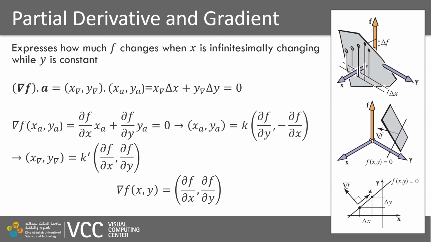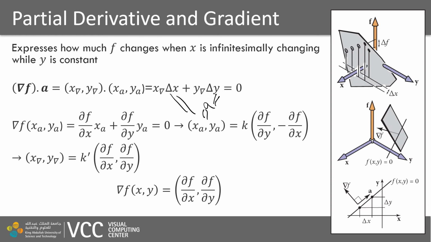Imagine we don't know that, but what we know is that we have a vector A with the coordinates xa and ya, which will also be called delta x and delta y as in the book, because this vector A is defined by the coordinates delta x and delta y.